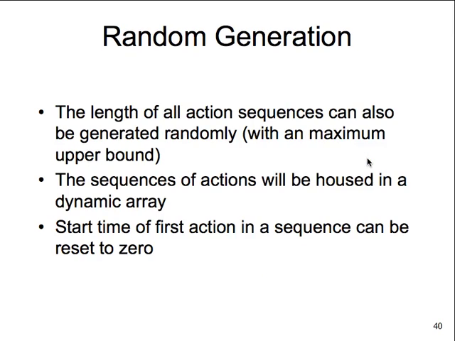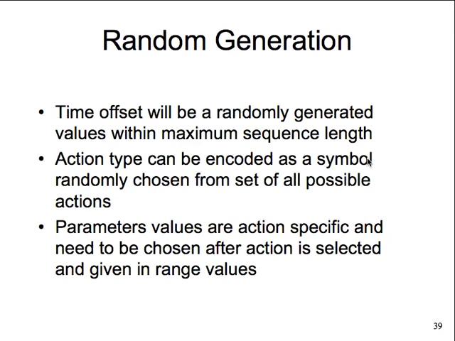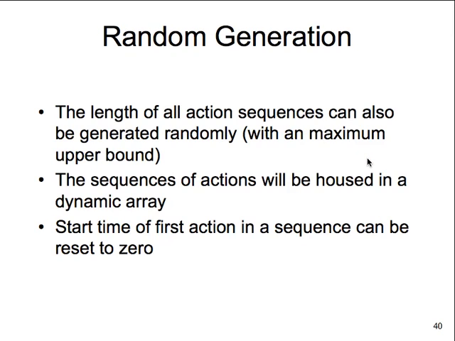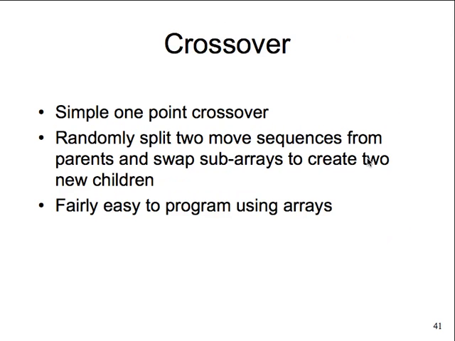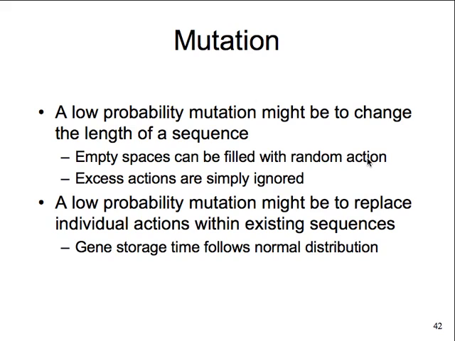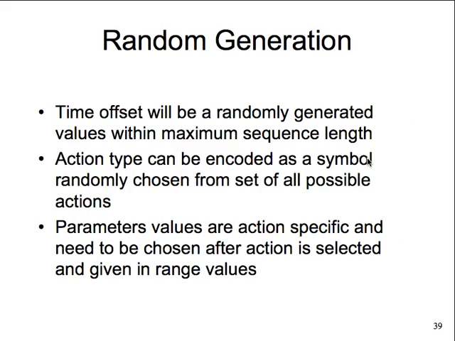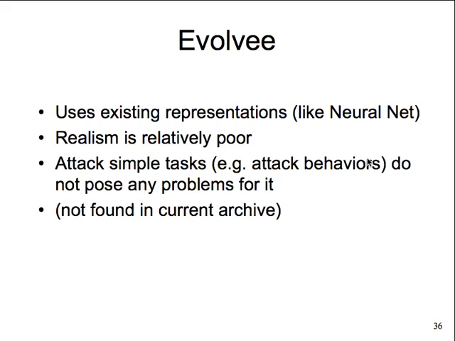So there's some random generation for this particular stimulus as well. I'm going to skip through this. The crossover is a simple point crossover, and then there's mutation. If you thumb through this, you'll see all the components in this solution.